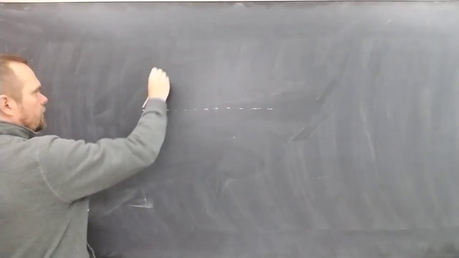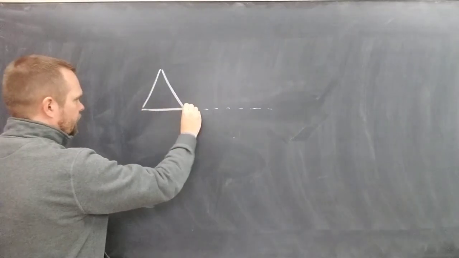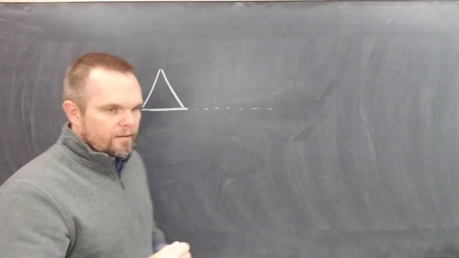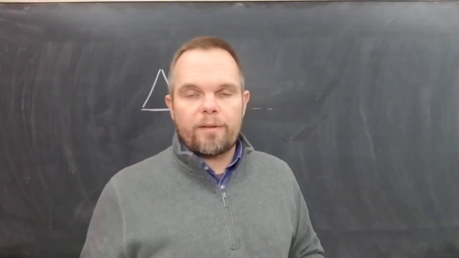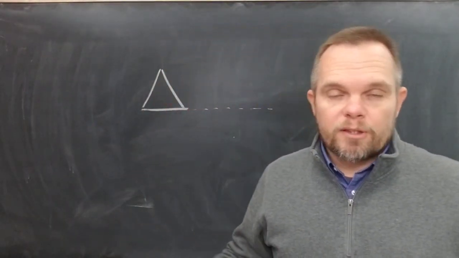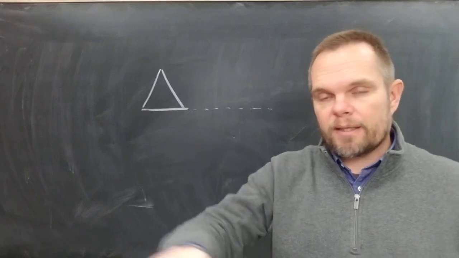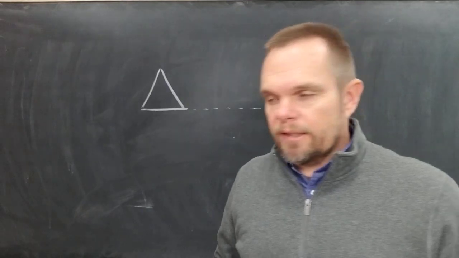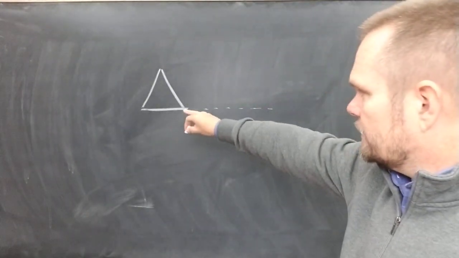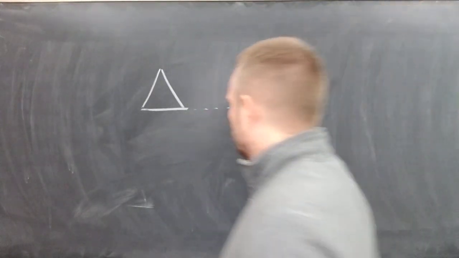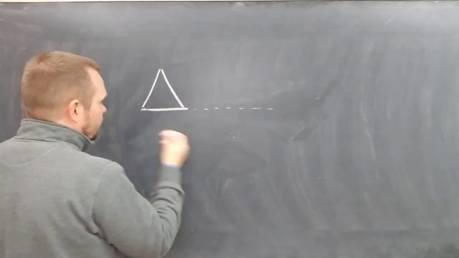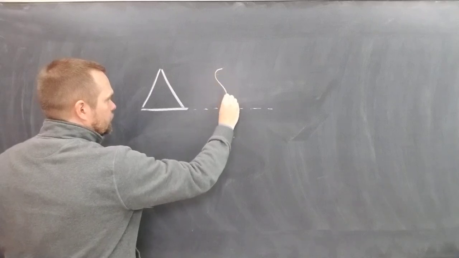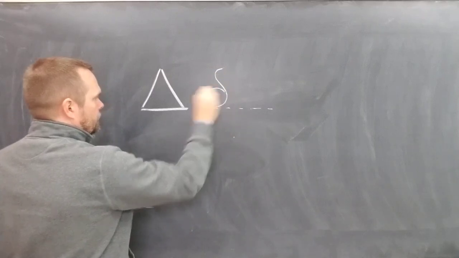And delta, uppercase, is simply a triangle. That's the uppercase delta. Just think of the bottom of the Nile River, which is shaped like a triangle, and it's called the Nile Delta because it's shaped like the Greek letter delta. Lowercase delta looks like a lowercase d, but it's got this little cap on the top, and it comes around like that.